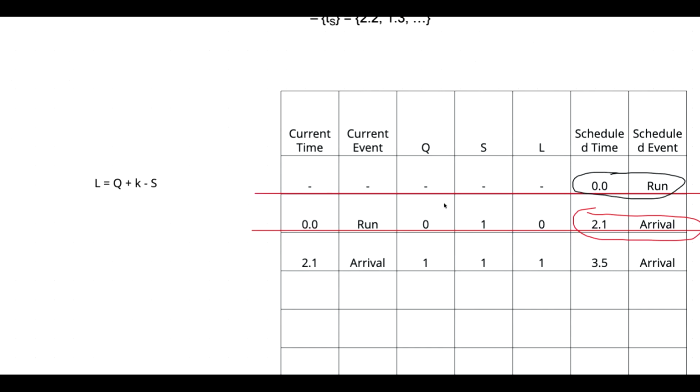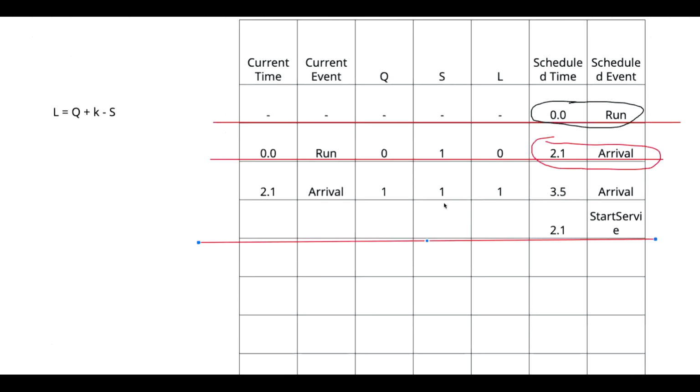Is S bigger than 0? Last I checked, 1 is bigger than 0. And so it will schedule a start service with a delay of 0. So it's still time 2.1. And it will schedule that event. And now this is the end of the iteration. And so we now have 2 events on the event list.